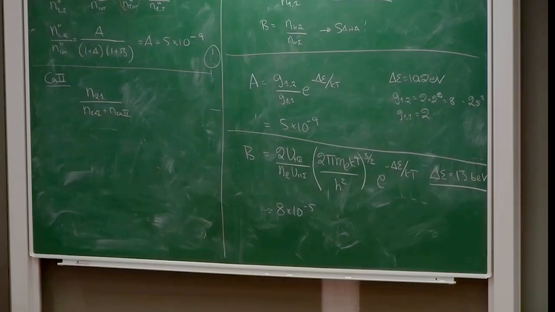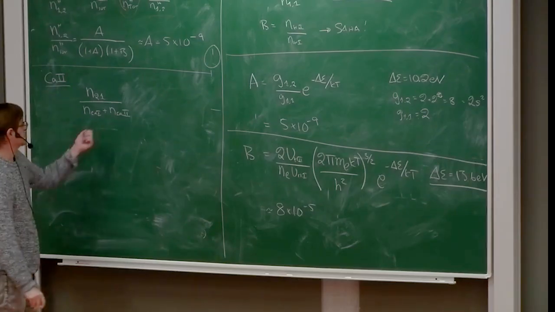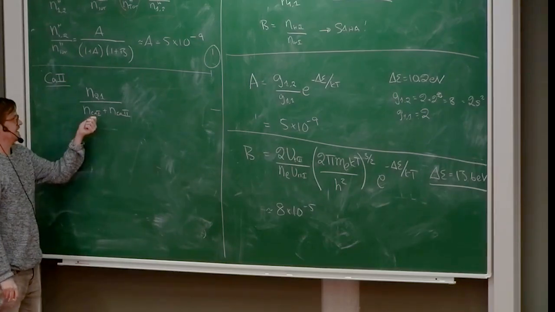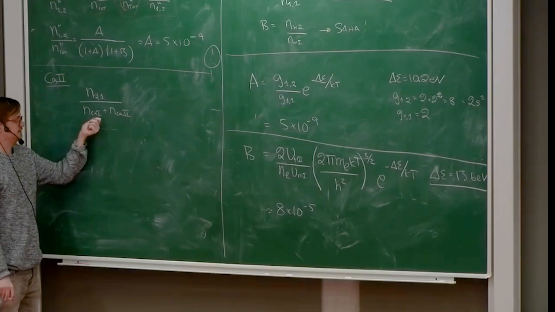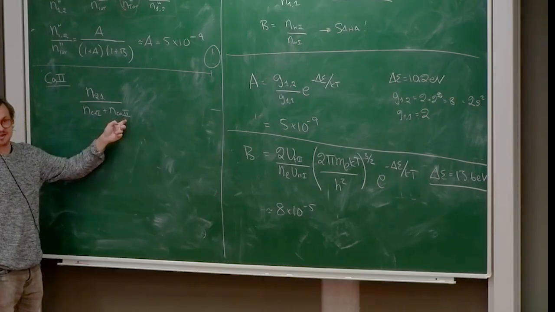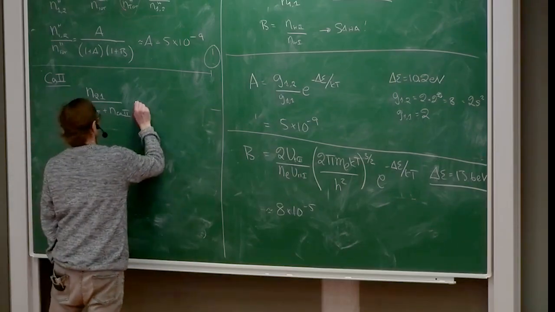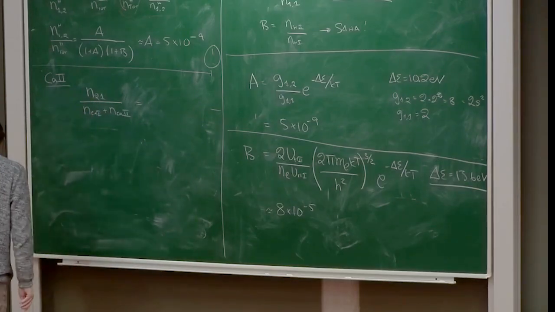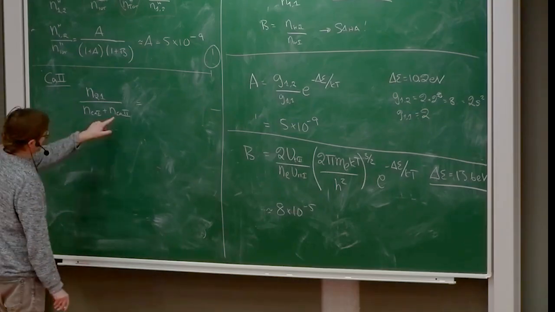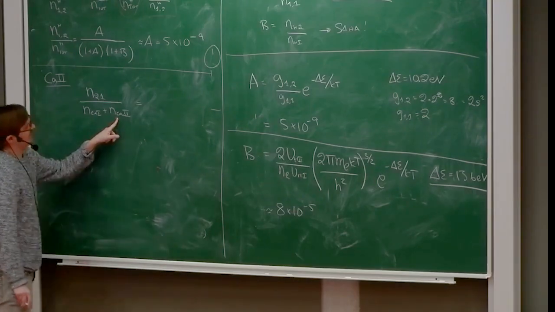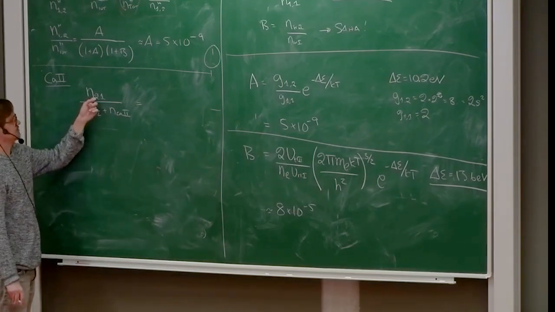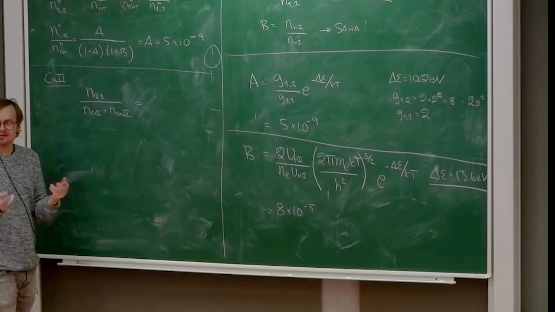Okay, so here you see that I've assumed that all calcium is either in the neutral state or first ionized state. Okay. Again, we're going to make the same assumption for, in this case, calcium 2, because we're interested in calcium 2 here, right? That it is either in the ground. Yes?